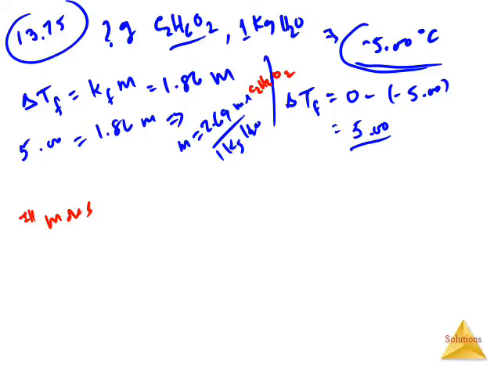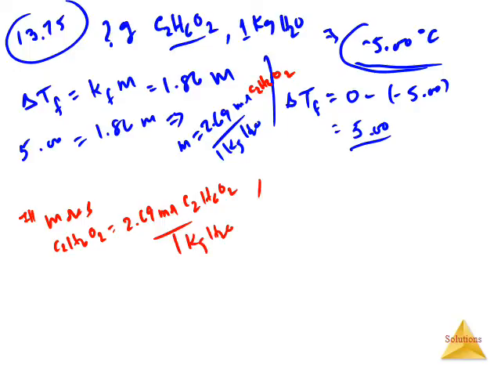Moles C2H6O2 will be given by 2.69 mole C2H6O2 per kilogram H2O times 1 kilogram H2O.